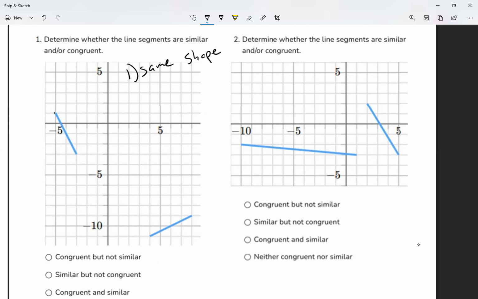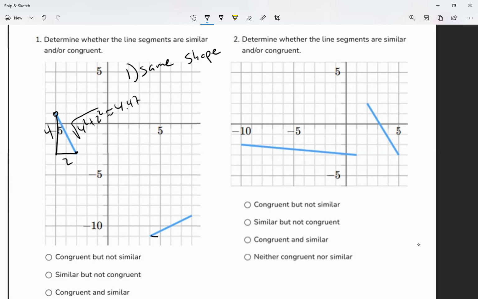Well, I could come up with those 2 points. This right here, I can count the squares: 4 squares and 2 squares here. So this right here is the square root of 4 squared plus 2 squared, which is about 4.47. I found the length of my segment.